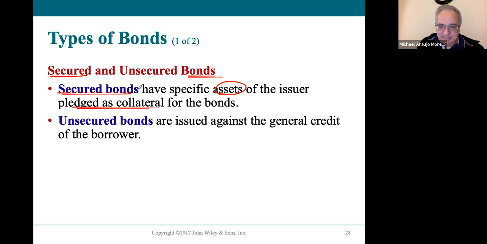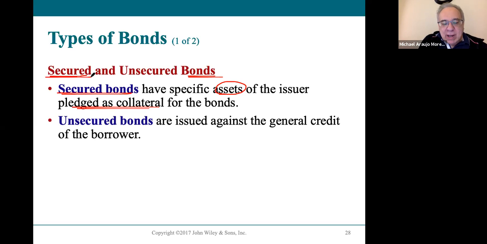That's repossession. In essence, it's the same thing with a mortgage on your house. You're pledging the house as collateral. That's the asset. And if you do not pay back the mortgage, you have given the lender the right to take the house. That's a foreclosure.